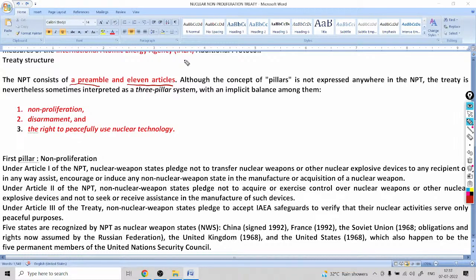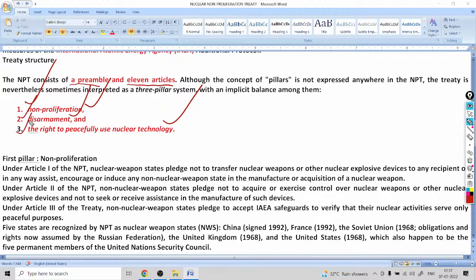What are the three pillars? Non-proliferation, disarmament, and the right to peacefully use nuclear technology. Pillar one, non-proliferation, means not spreading nuclear weapons and technology. Number two, disarmament: those who have the nuclear arsenal will disarm it, with the ultimate objective of complete disarmament within a time frame or in times to come. And the right to peacefully use nuclear technology.